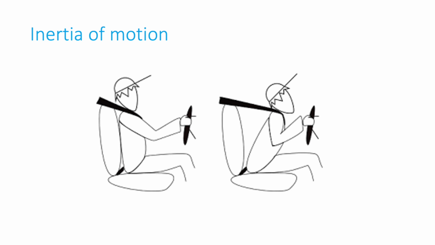Inertia of motion. A person sitting inside a vehicle possesses inertia of motion. So if the car suddenly stops, the lower part of his body will come to rest, but the upper part has a tendency to remain in its state of motion. So that can cause accidents.